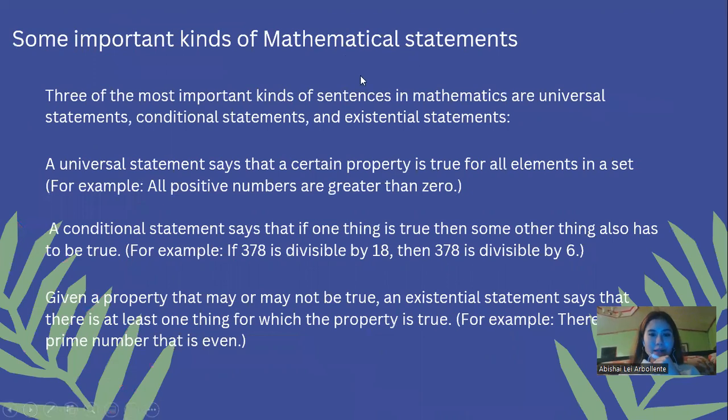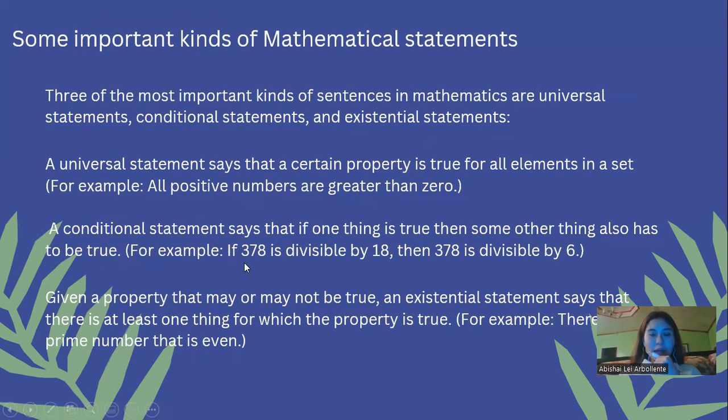Some important kinds of mathematical statement. Three of the most important kinds of sentences in mathematics are universal statements, conditional statements, and existential statements. A universal statement says that a certain property is true for all elements in a set. For example, all positive numbers are greater than 0. A conditional statement says that if one thing is true, then some other thing also has to be true.